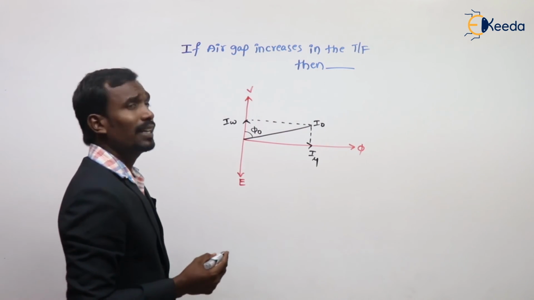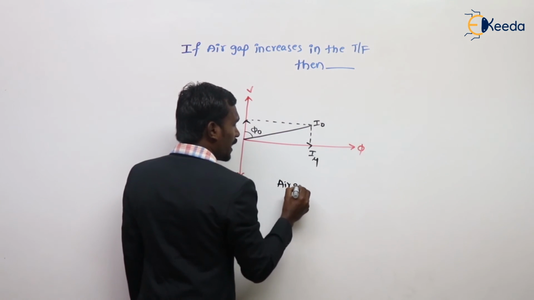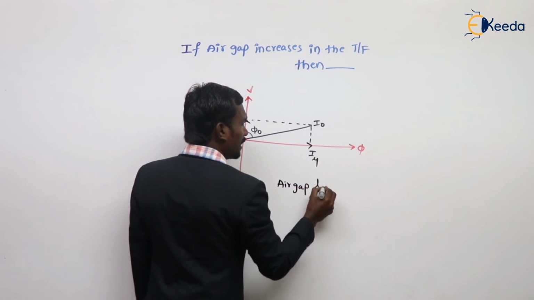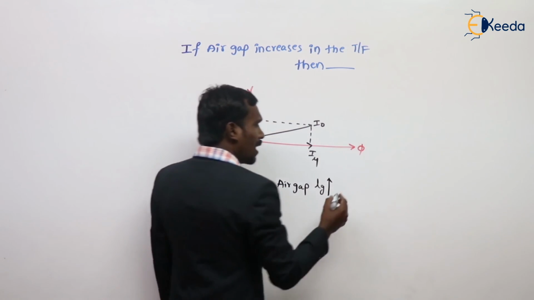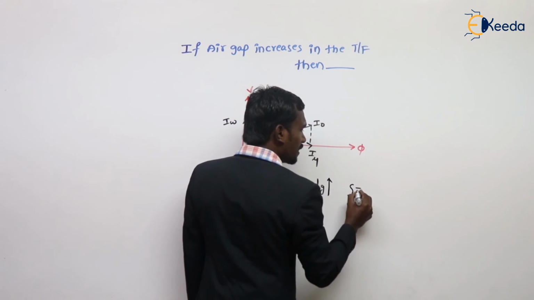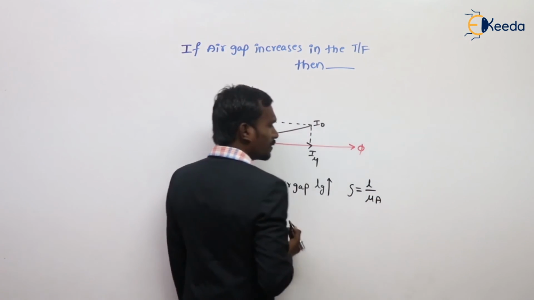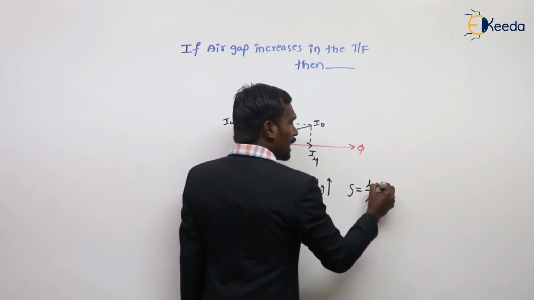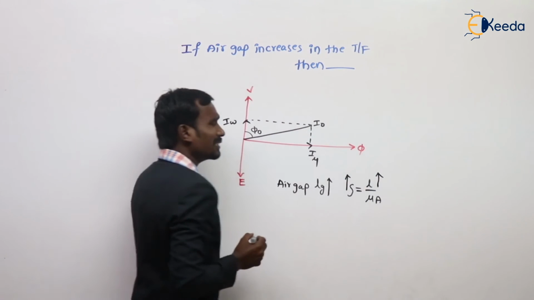But they said that air gap increases. If air gap, nothing but L, increases, then what happened to reluctance? Reluctance S is equal to L by mu A. If air gap increases, then automatically reluctance increases.